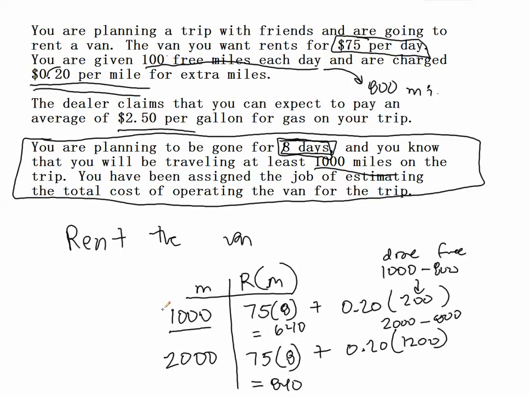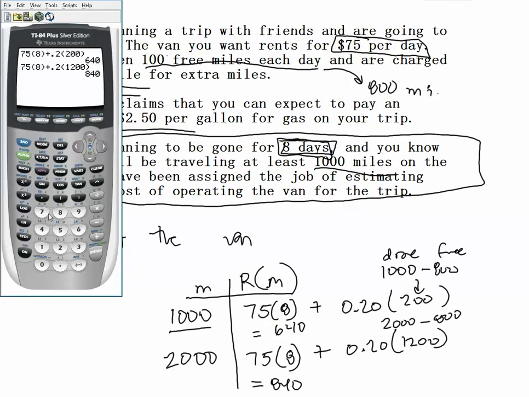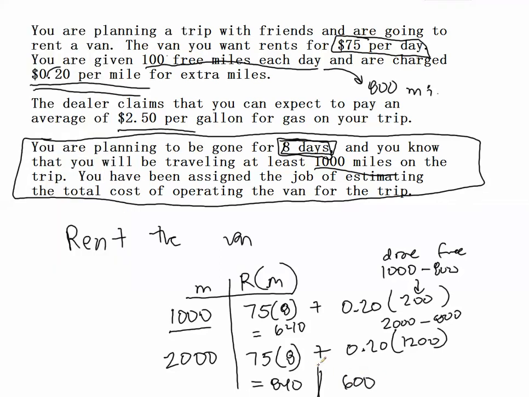What's the pattern here? Is there a pattern that's taking place? The 75 times 8 I'm going to pay regardless of how many miles I actually end up driving. So 75 times 8 means that I've got a flat fee of $600. This is the general way of writing it, for M miles. What did I do? I added 20 cents for each additional mile beyond the 800.